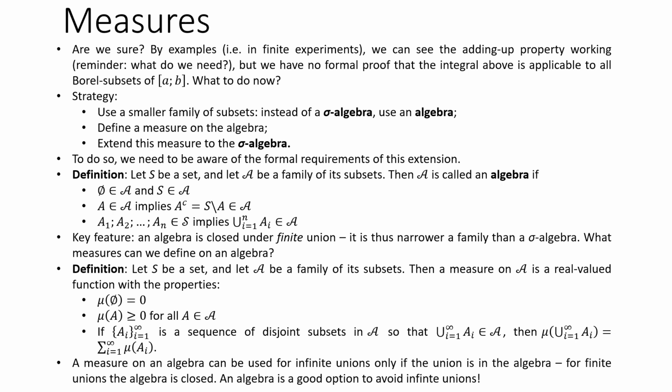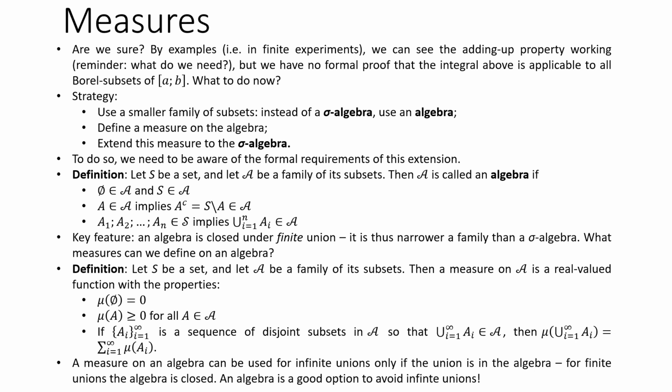Just like in the case of algebra and sigma-algebra, measures for algebras are very similar to measures for sigma-algebras. So for the empty set, a measure on an algebra gives 0, it's non-negative, but the third feature is the most important one.